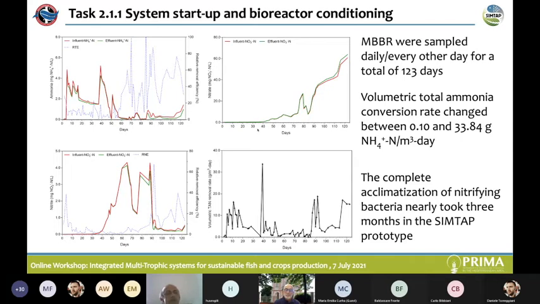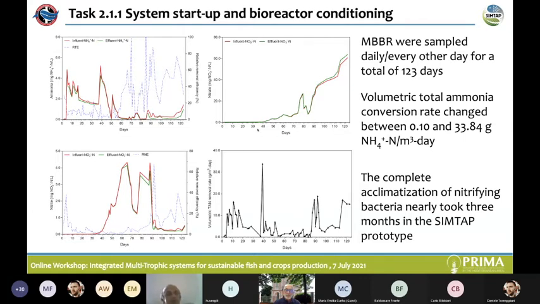The volumetric total ammonia conversion rate is well known to be highly dependent on ammonia and dissolved oxygen concentrations, and is limited by low ammonia or low dissolved oxygen concentrations.